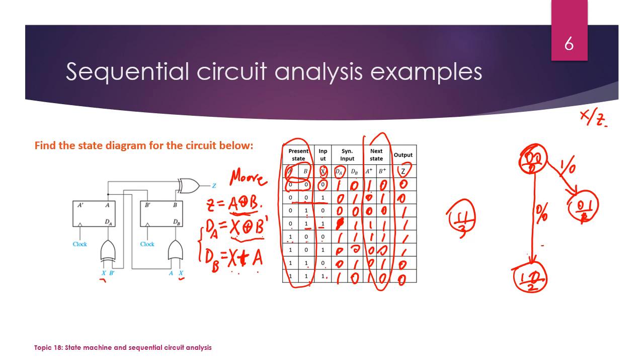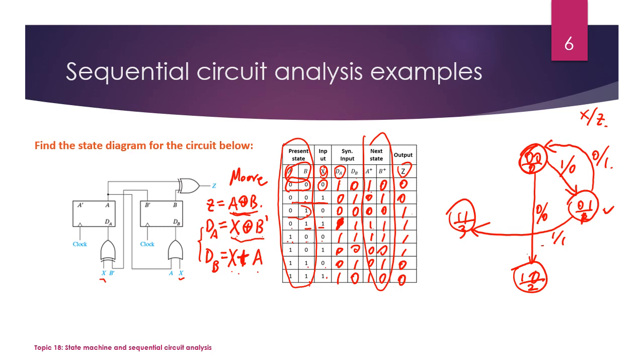If we are here and X equals 0, the next state is 0, 0, which means if X is 0, we'll go back and Z equals 1. And again, we are here, but X equals 1, the next state is 1, 1. So it moves here if X equals 1, and Z also equals 1.